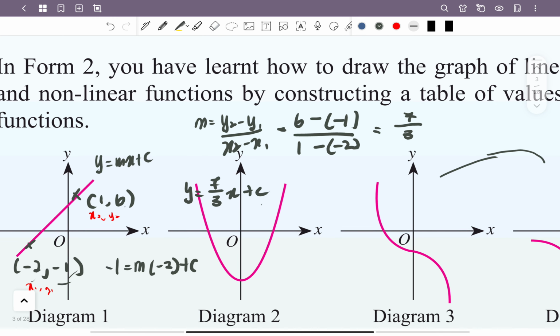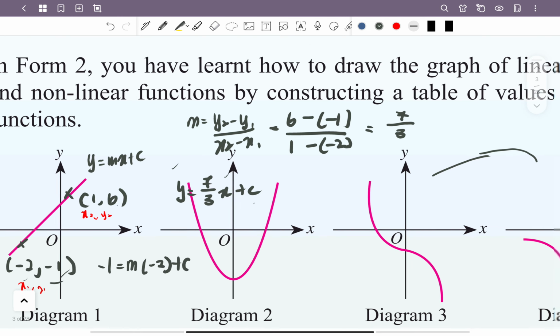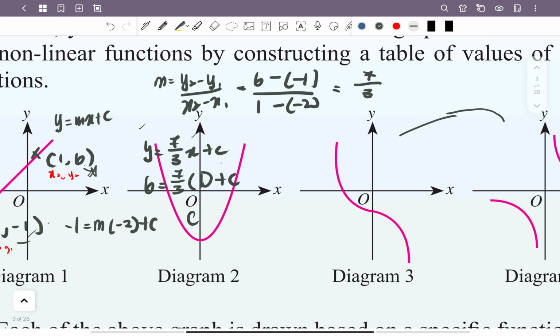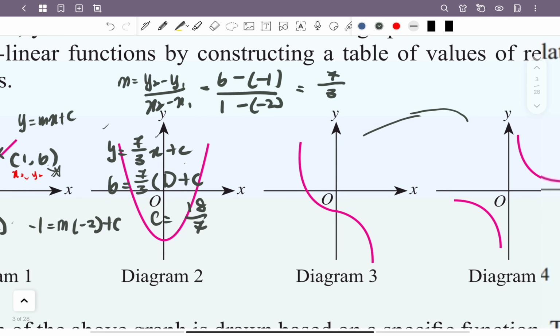Can we find c? Actually we can, because y is already known, x is already known also. Just substitute. You can use either y, so let's say I use here. Then you will use 6 = 7/3 times x which is 1, plus c. Then do the algebra and you will find the value of c, which is 11/3. This is the value of c.